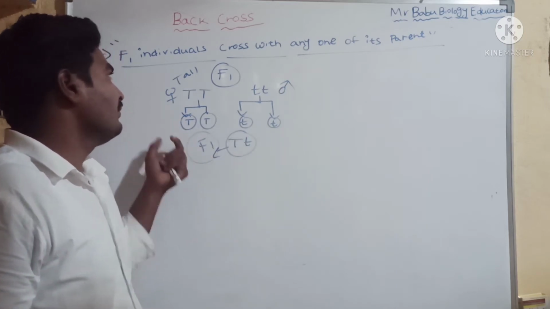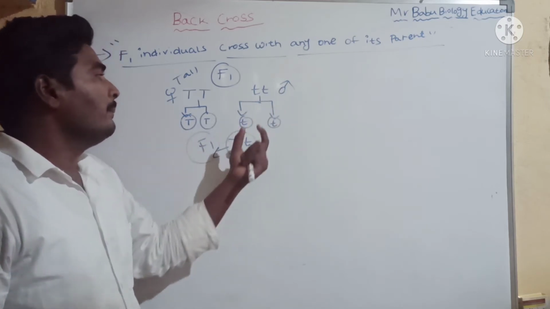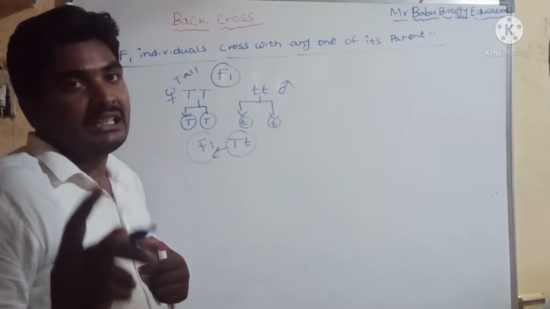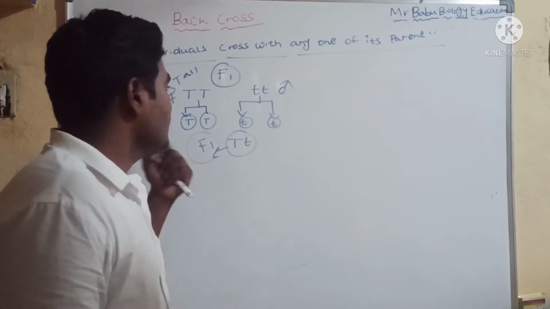So capital T from the female and small t from the male fuse, and we get capital T small t, the F1 generation.